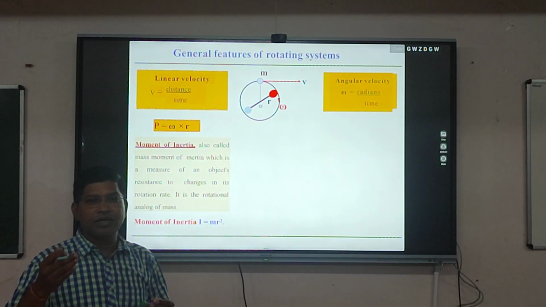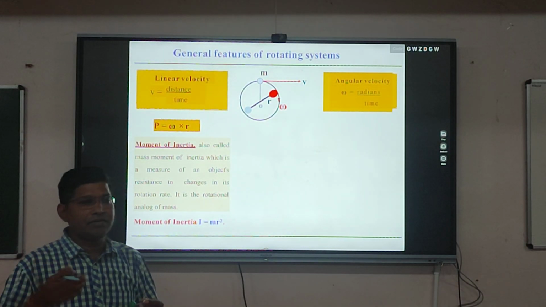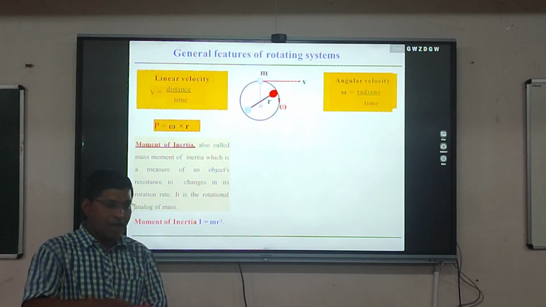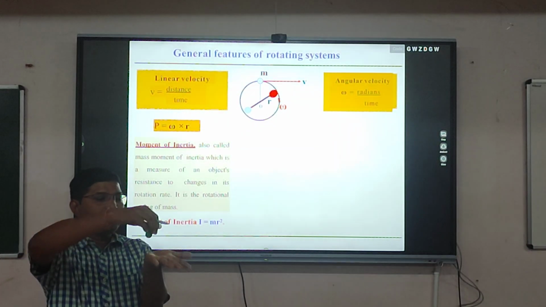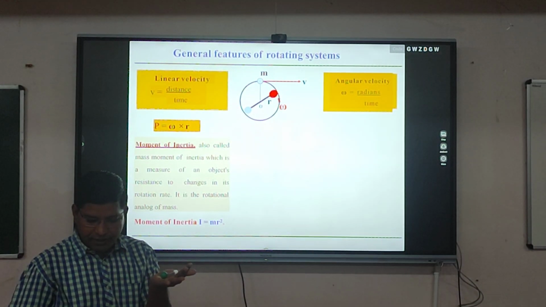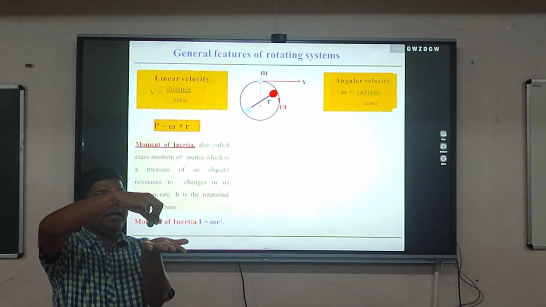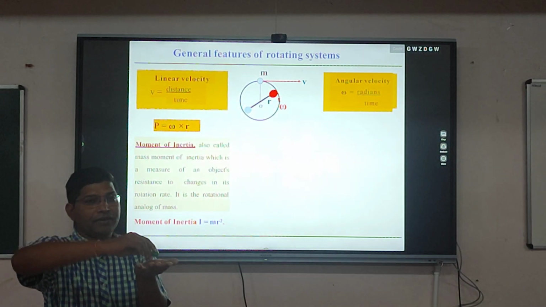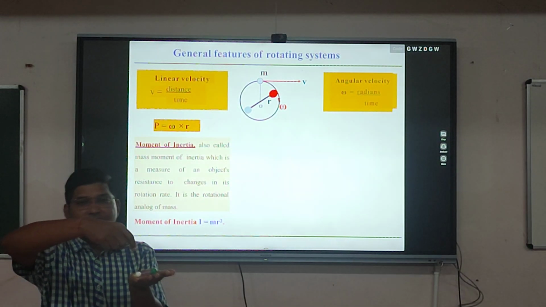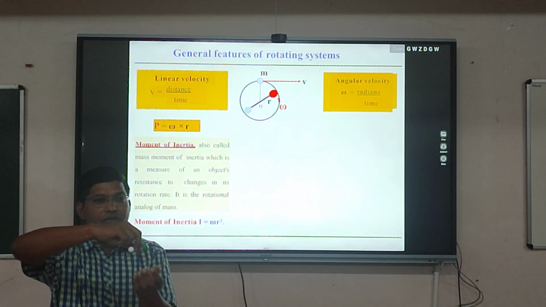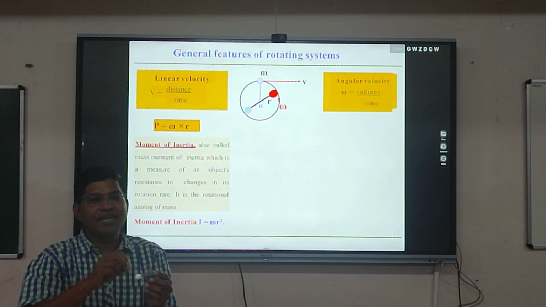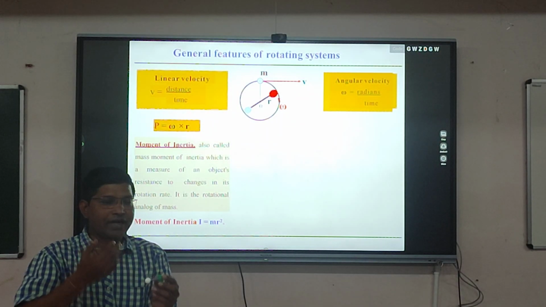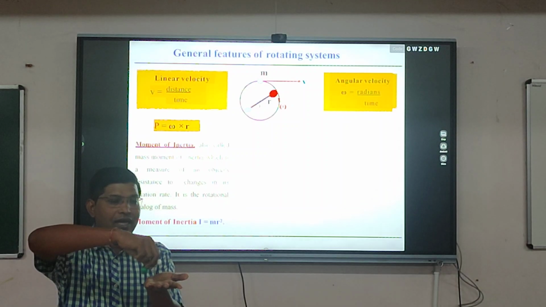What mass of the body? The molecule. Okay, the molecule consists of two atoms. Suppose we want to understand the moment of inertia of a molecule. Suppose we have considered this diatomic molecule on a plane, and we start to rotate that molecule on the plane. When we apply some force on that molecule, the molecule itself resists the rotation, the force that I am applying on it.